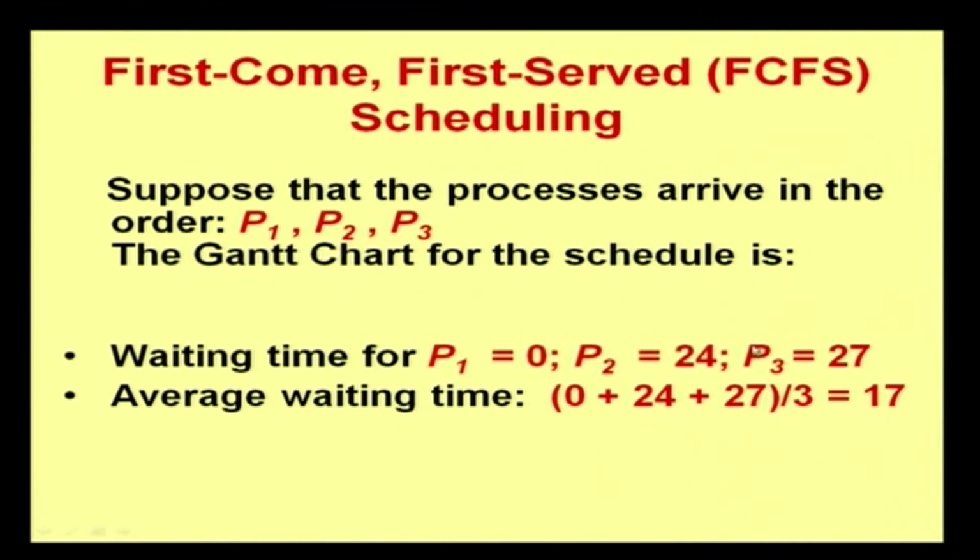There are 3 processes, so 0 plus 24 plus 27, whole divided by 3. 24 plus 27 by 3 becomes 17. So the average waiting time for each process is 17 milliseconds.